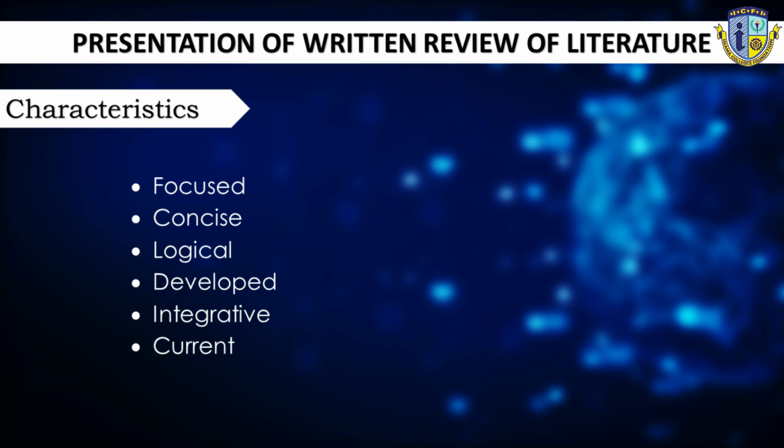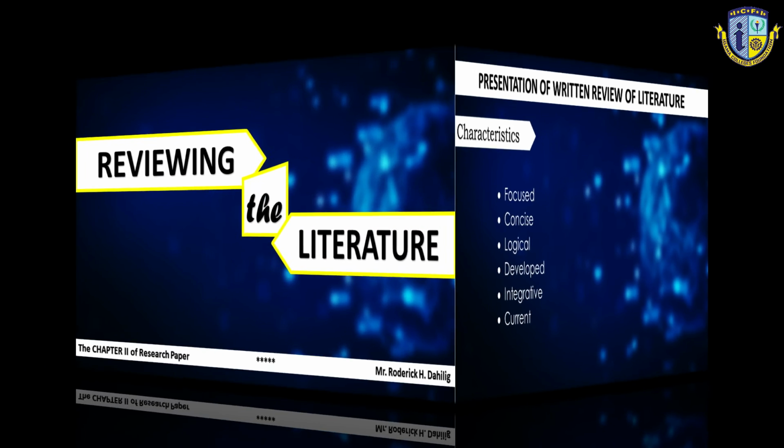It should be developed. The ideas are fully and completely written. And it should be integrative. It shows how ideas are related and how all reviewed materials contribute to your topic. And lastly, it should be current. It exhibits up-to-date information related to your study.